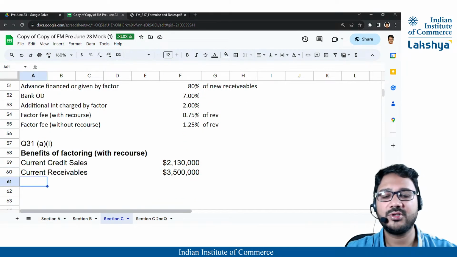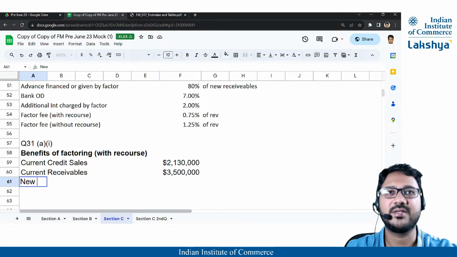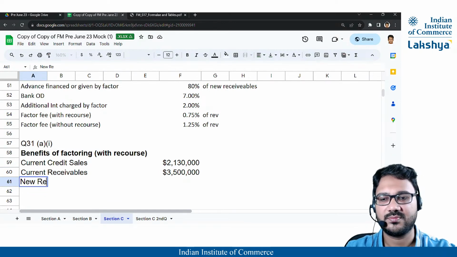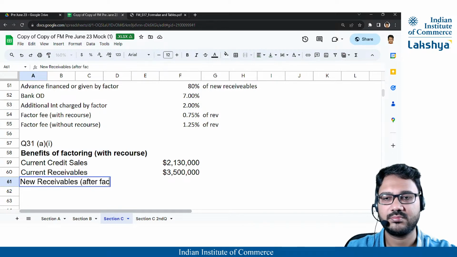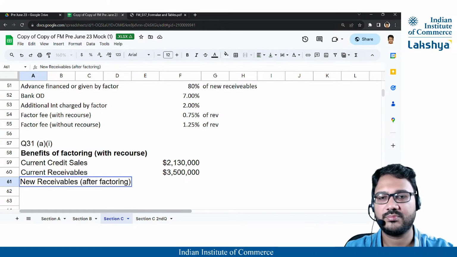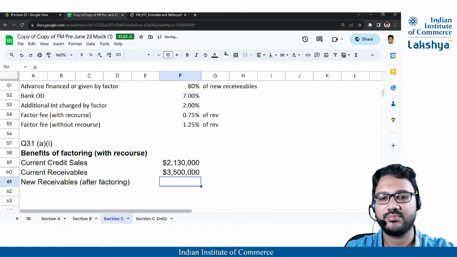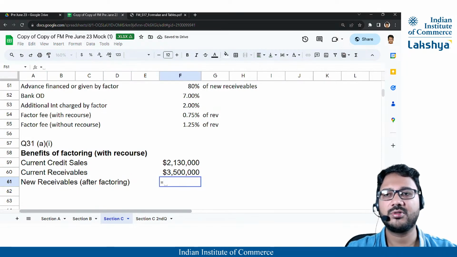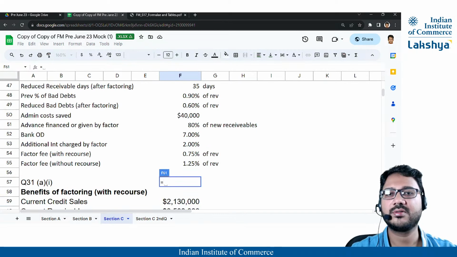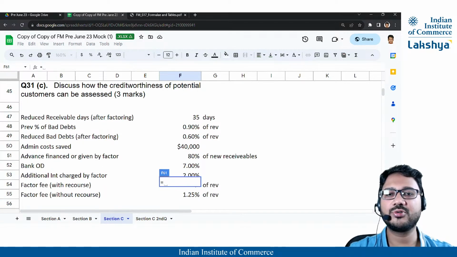Okay, now the new receivables after factoring will be, so they say that it is reduced to 35 days.